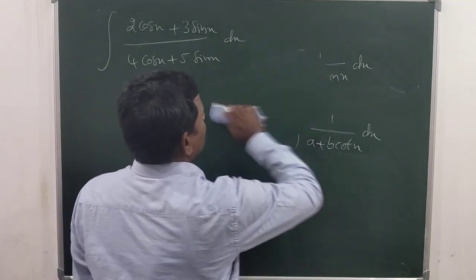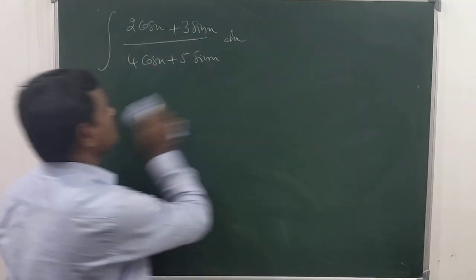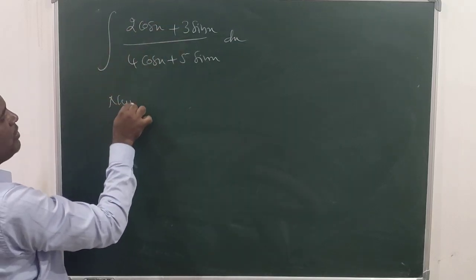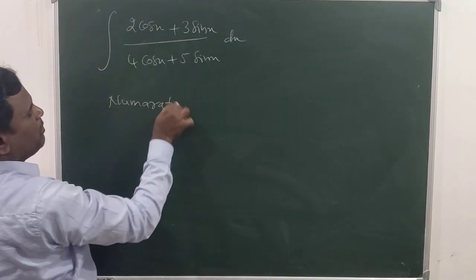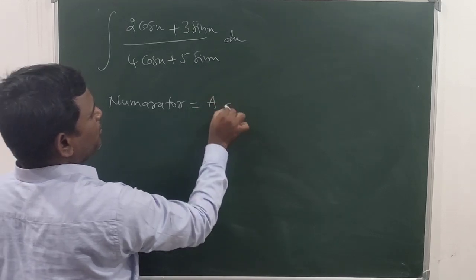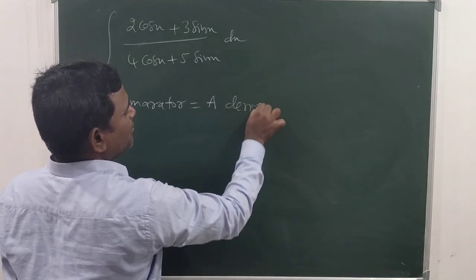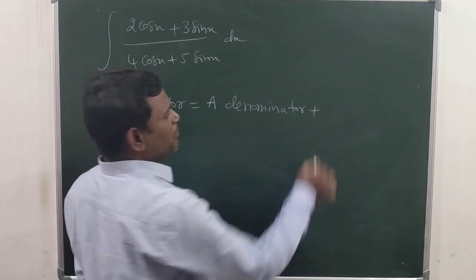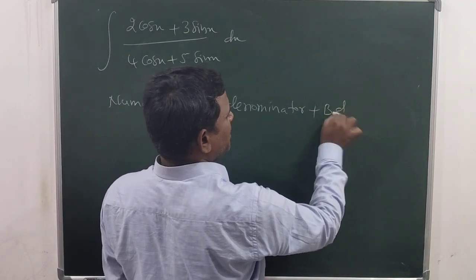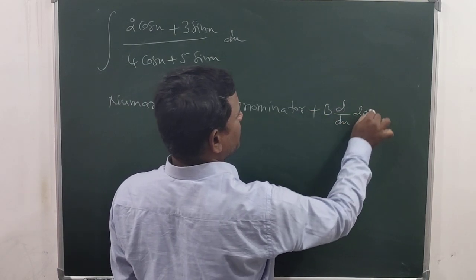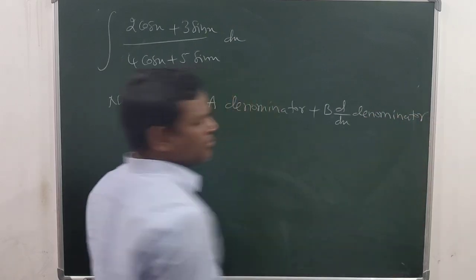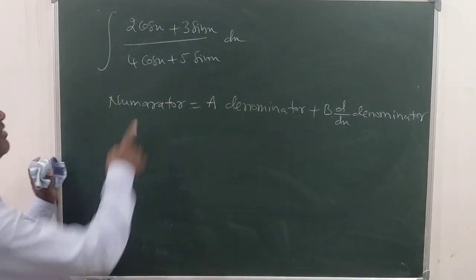Okay. See, in this type of applications, you have to write the numerator is equal to a into denominator plus b into d by dx of denominator. Okay, students, what you have to write in the place of numerator?